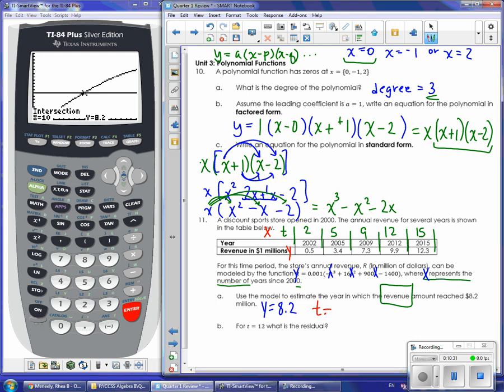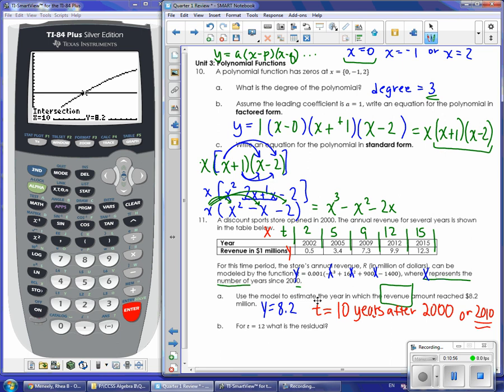We get t is equal to 10. And that's going to be, again, 10 years after 2000. And so 10 years after 2000, the question is asking what year will this happen? So 10 years after 2000 would be the year 2010.